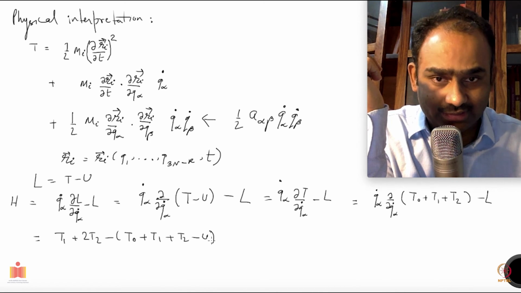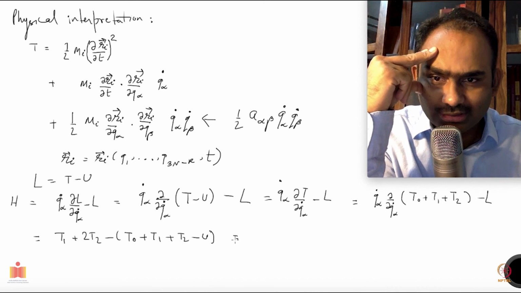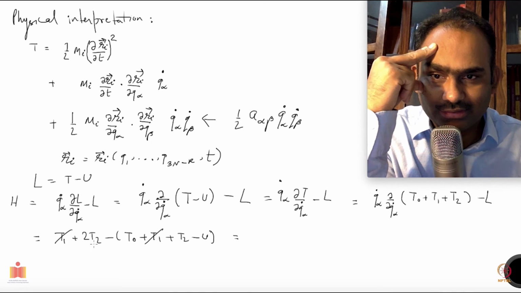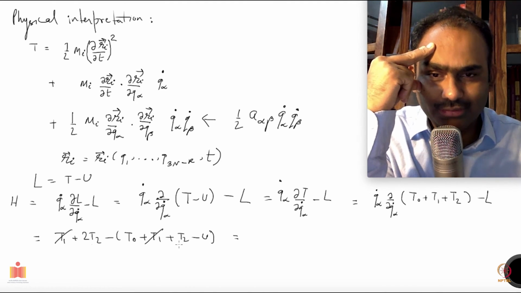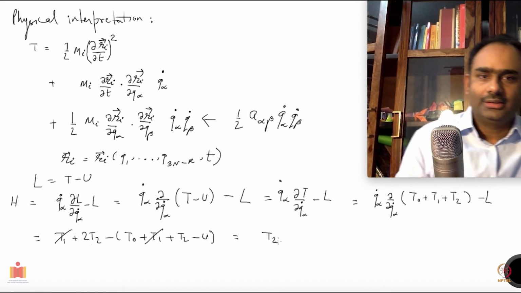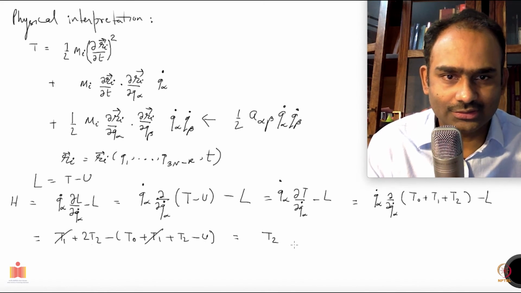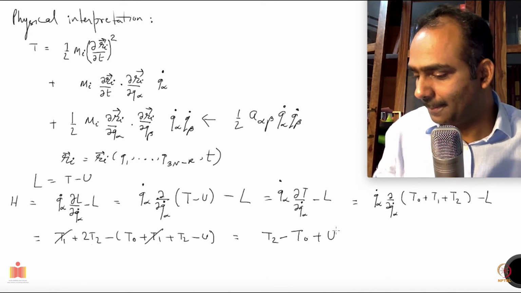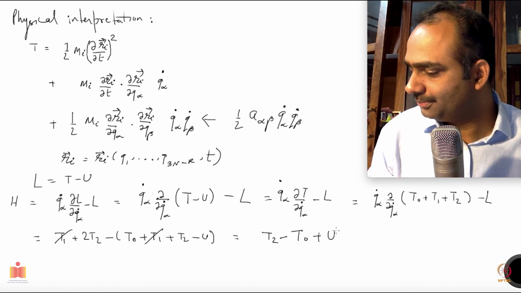So I have a T1 which cancels. There is a T2, a minus T2, so you get a T2 and minus T0 plus U. I hope that's correct.